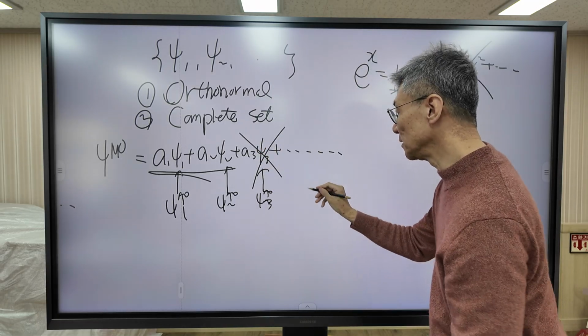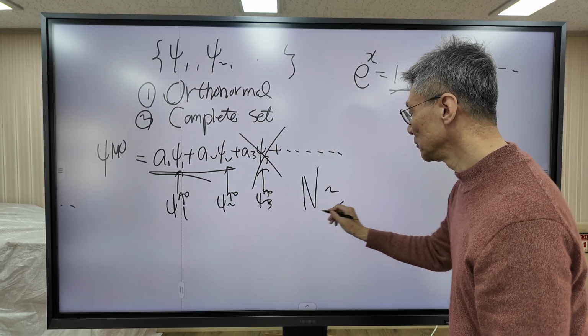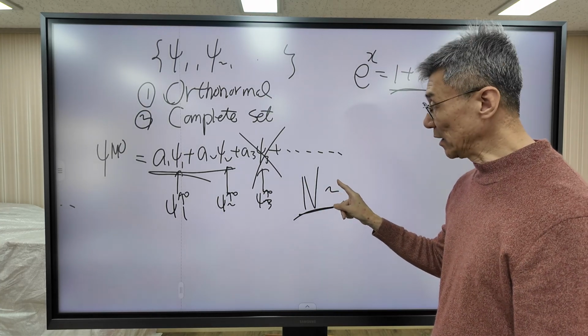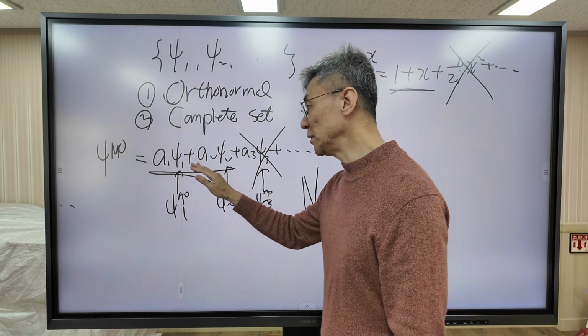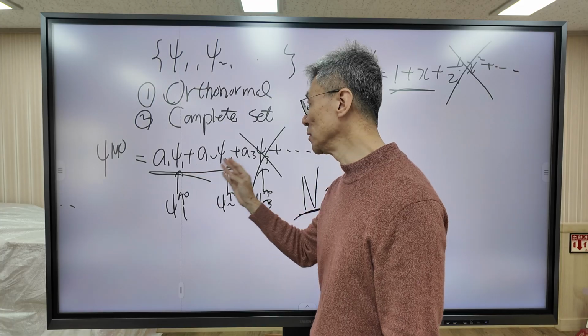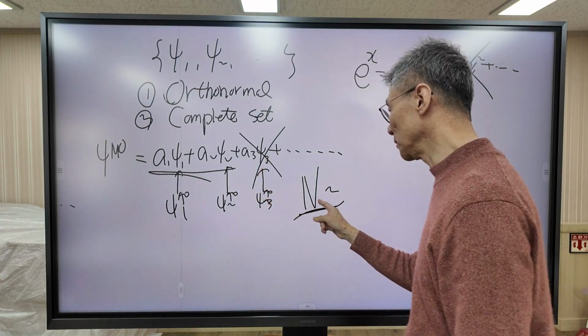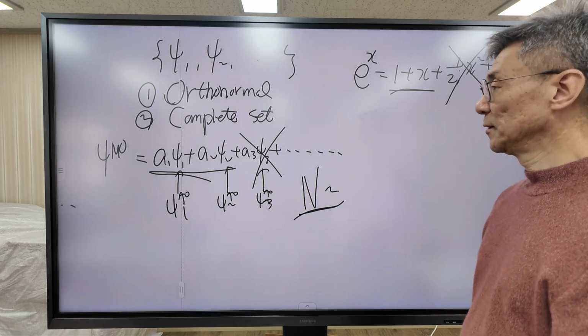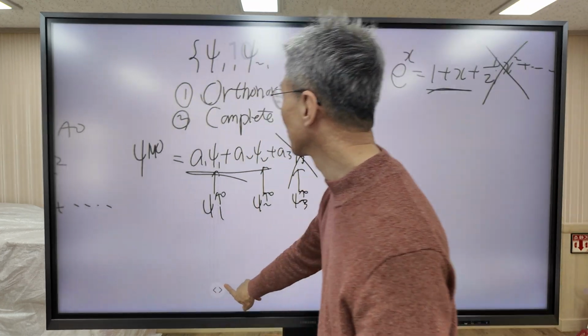This is the N2 case. Tomorrow we are going to talk about constructing the N2 molecular orbitals. In this case, two terms are not enough. We are going to use four terms to construct the N2 molecular orbitals. Anyway, this is our case.